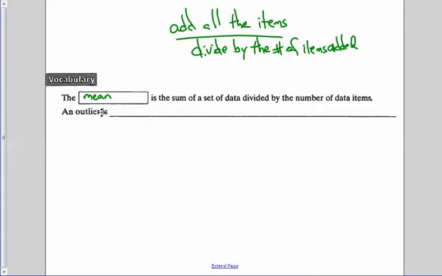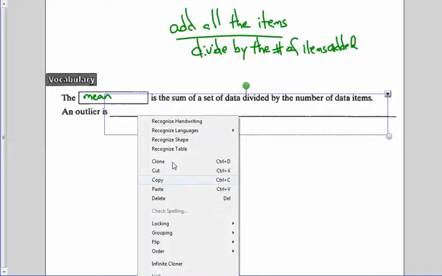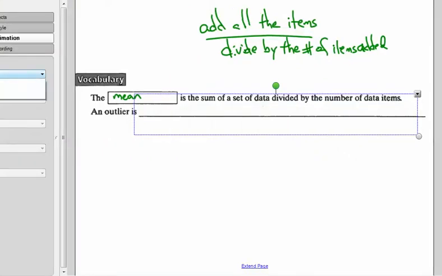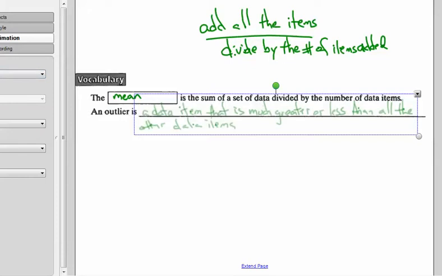And now we have an outlier, and the outlier would be some item that is not part of the data set. It stands out based upon everything else.